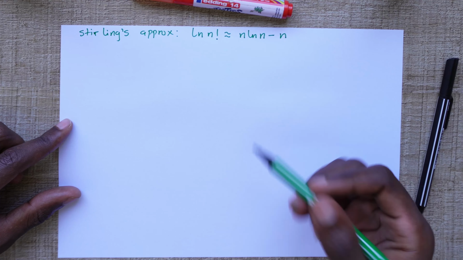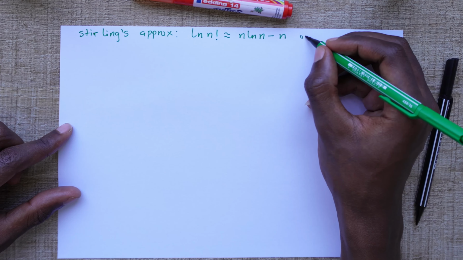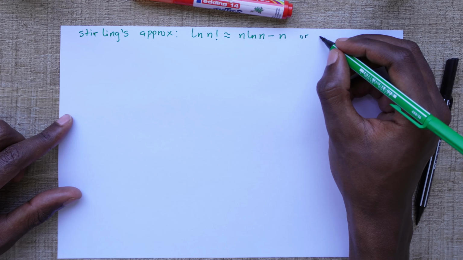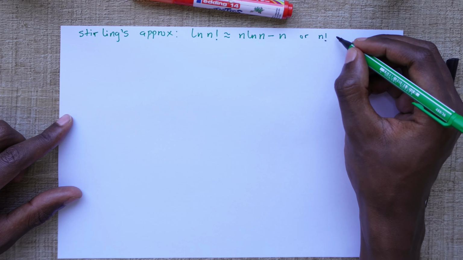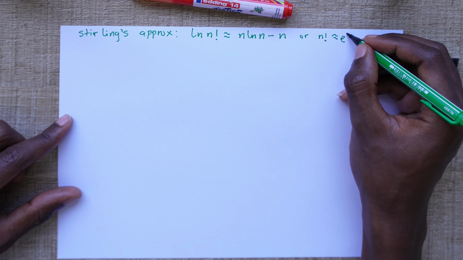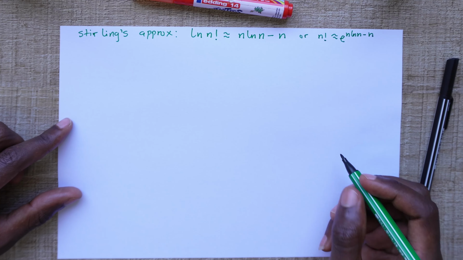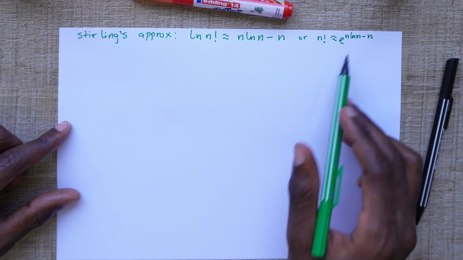We can write this as well in exponential form, as n factorial being approximately equal to exponential of n natural log of n minus n. So both of these are valid. This is just the exponent.